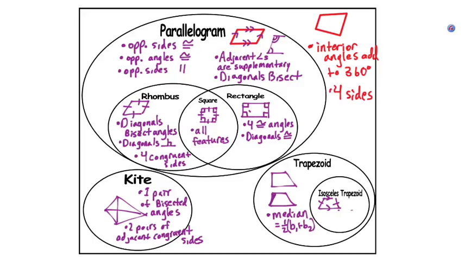And then an isosceles trapezoid is further going to have 2 congruent sides. And of course, all trapezoids have 1 pair of parallel sides.